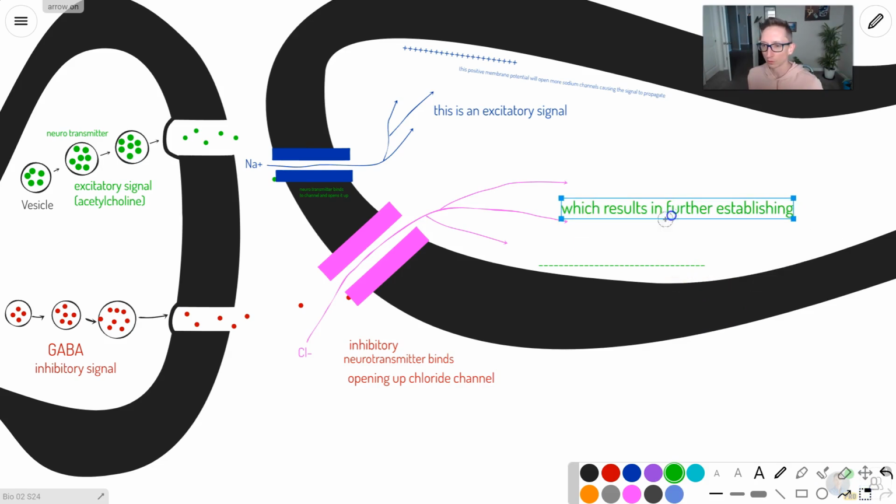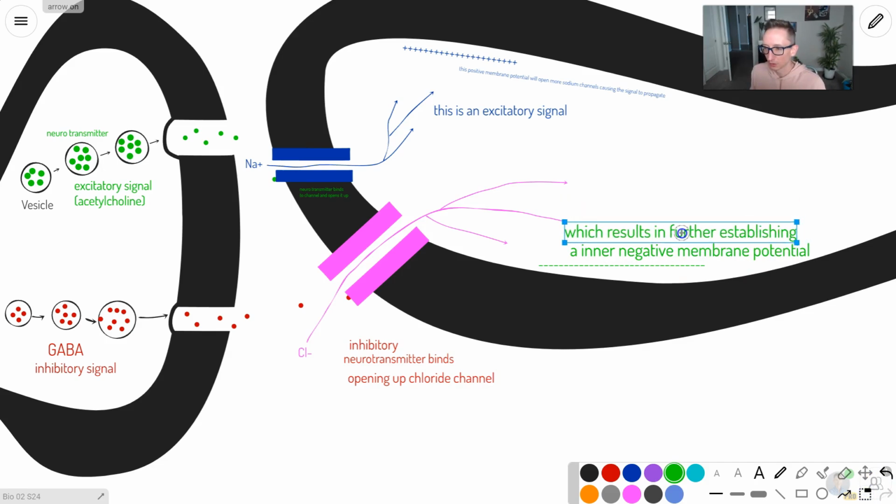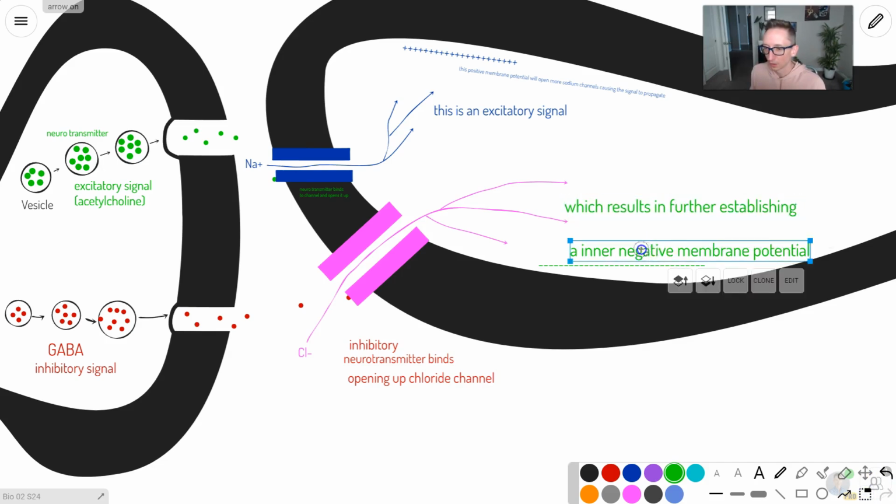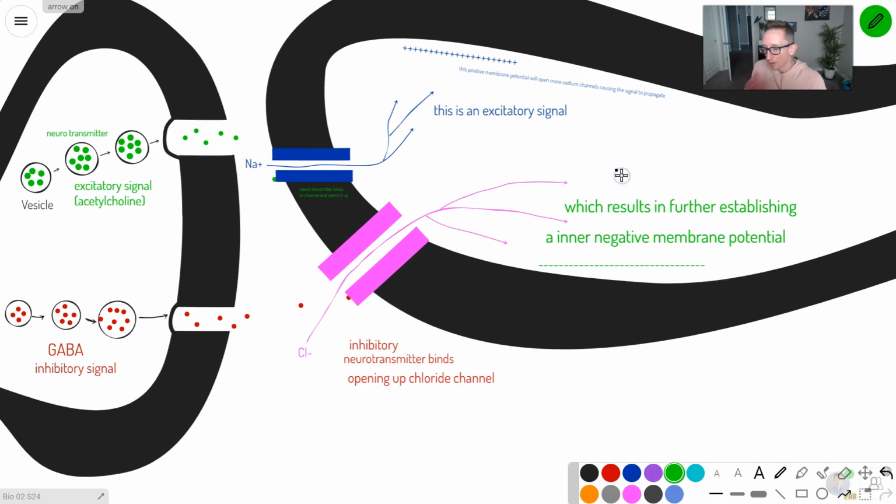Really establishing an inner negative membrane potential. It's pretty cool.